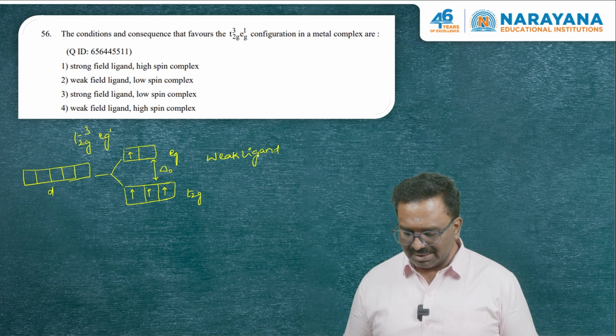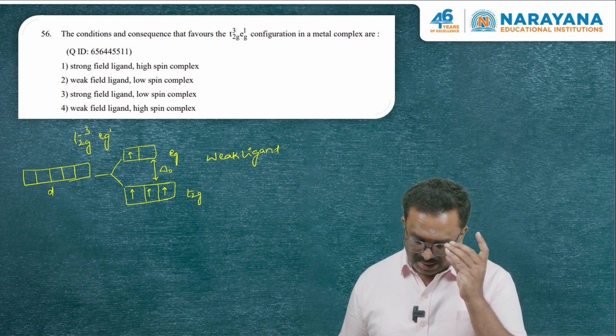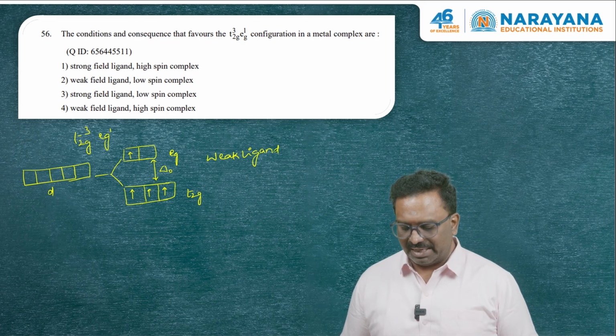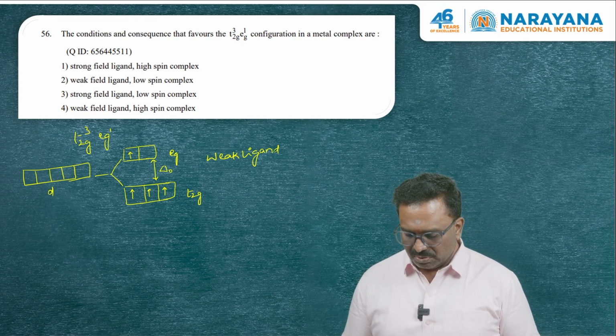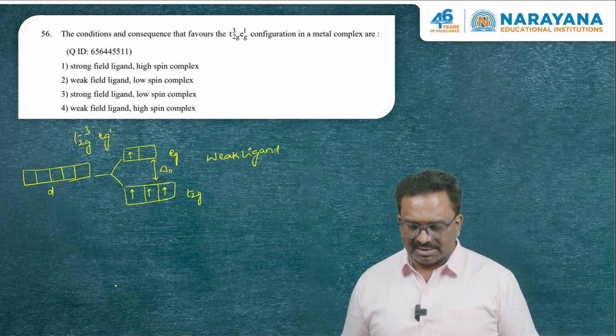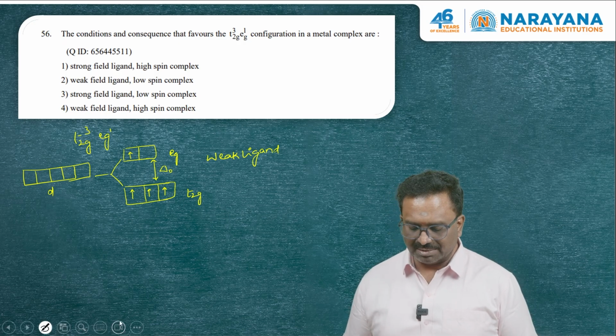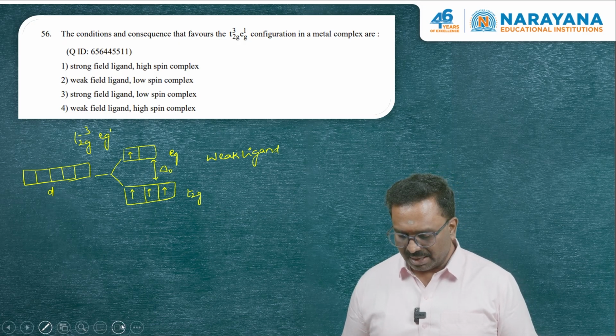So weak field ligands cause less splitting because delta O depends on the strength of the ligand and the oxidation state of the metal ion. So one of the conditions is less splitting energy, because eg receives the electron. Now the weak field ligand condition.